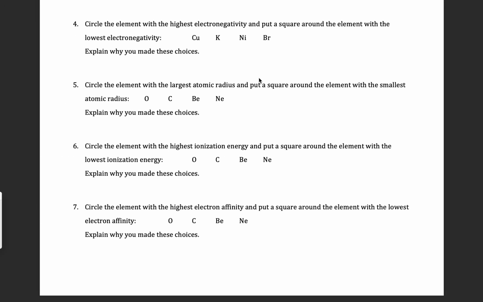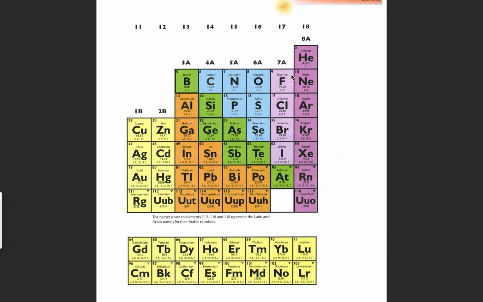Now, generally you would say, okay, it must be neon, the highest ionization energy, meaning the most energy to remove an electron. But generally we don't include the noble gases in our ionization energy, electronegativity, and all those. But you could say neon, right?